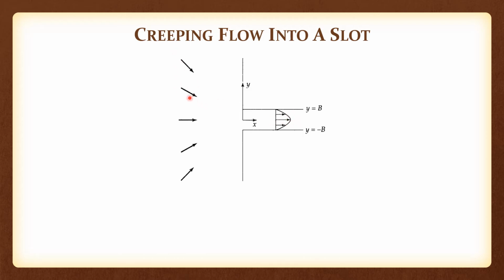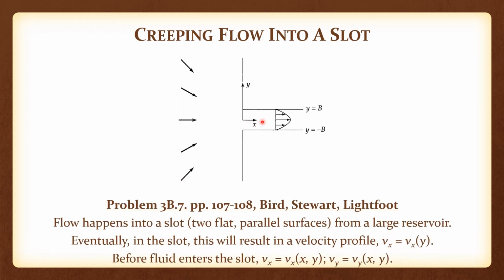Now the fluid that is at x less than 0 has to creep into the slot, and so eventually in the slot Vx is a function of y, but before the fluid enters the slot, Vx and Vy are both functions of x and y. This is what happens when you have a large reservoir at x less than 0.